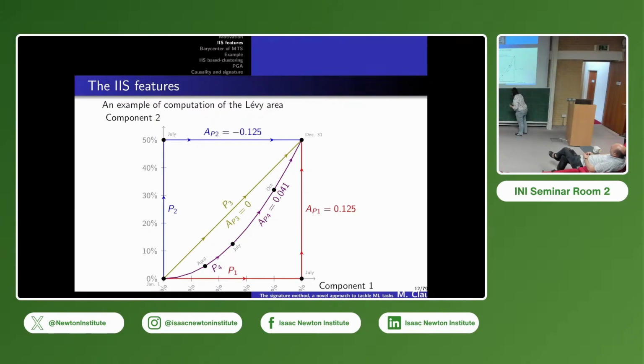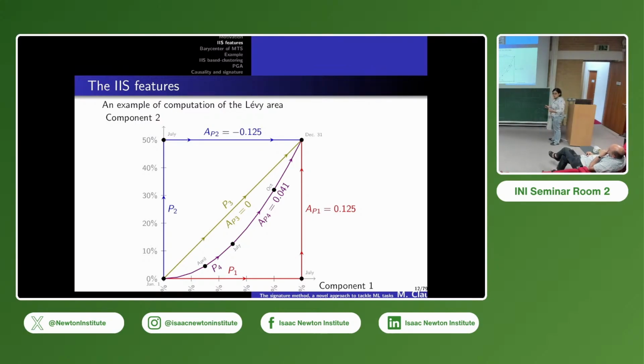And thereafter, x1 equals 1 from 1/2 to 1, and x2 equals 2t minus 1. So we are first increasing the first component.